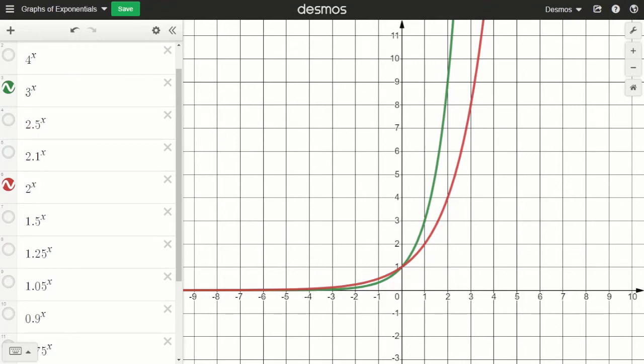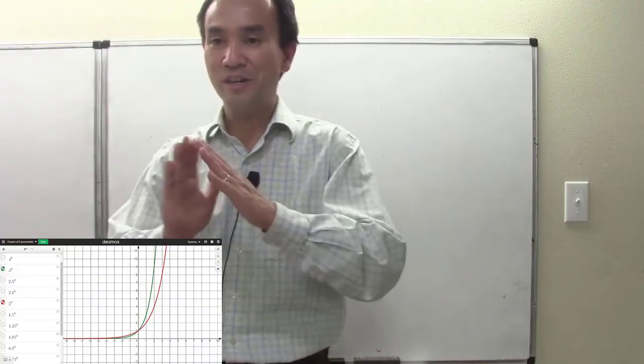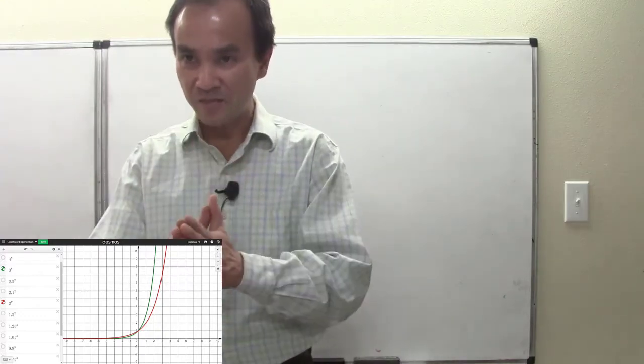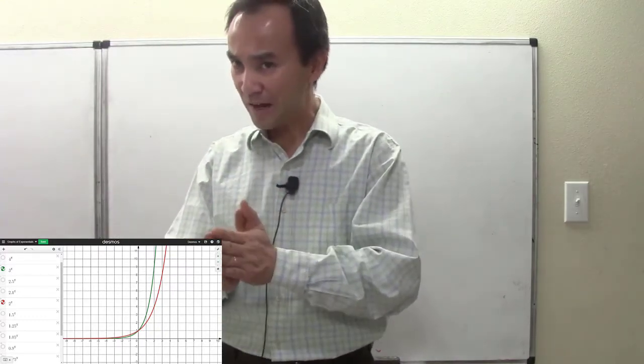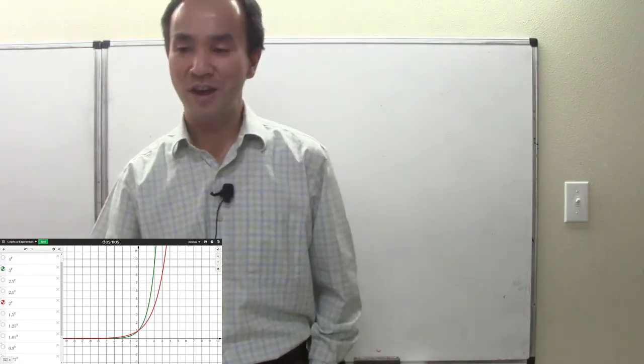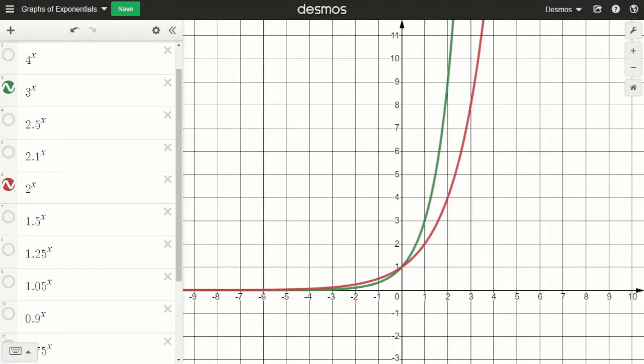And just like what we learned earlier from the introduction to the exponential function, the base of any exponential function has to be a positive value. On the graph, 3 to the x has a positive base 3, 2 to the x has a positive base 2. 3 to the x is in green color, 2 to the x is in blue color.